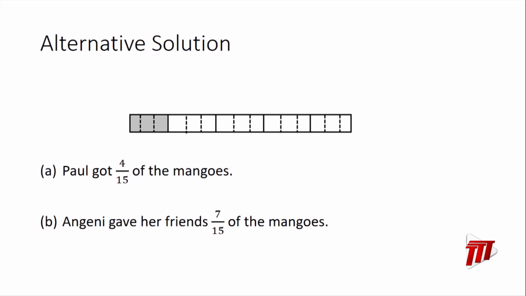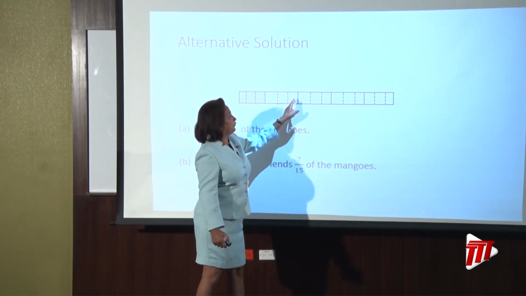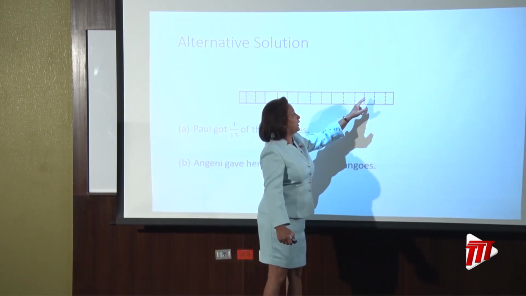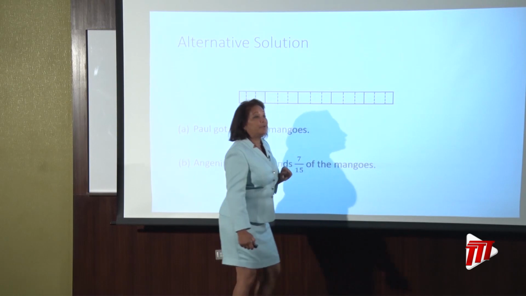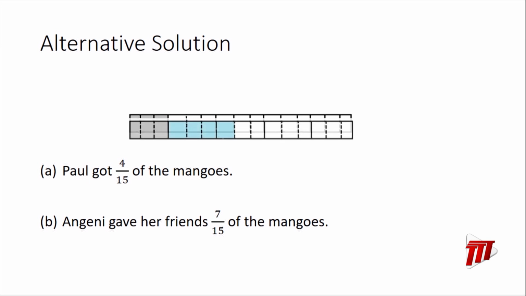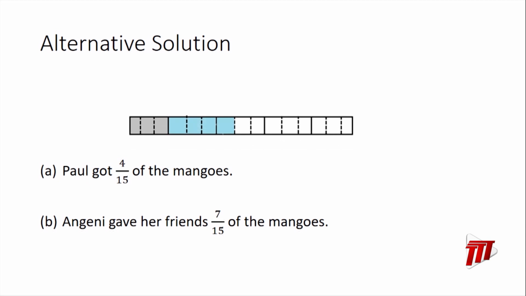The remainder is 1, 2, 3, 4, 5, 6, 7, 8, 9, 10, 11, 12 pieces. 1/3 of those 12 pieces, 1/3 of 12 would be 4. So Paul is going to get 4 of those pieces. So Paul gets the blue area. So the fraction that Paul really got was 4 out of the 15 pieces, so his fraction would be 4/15.